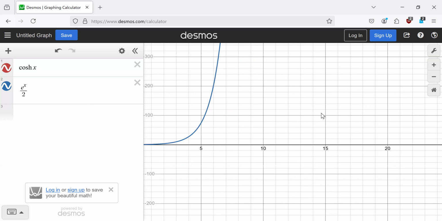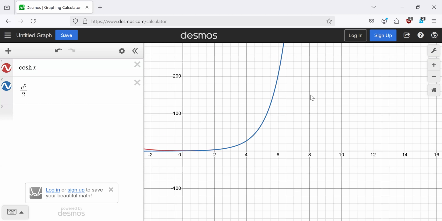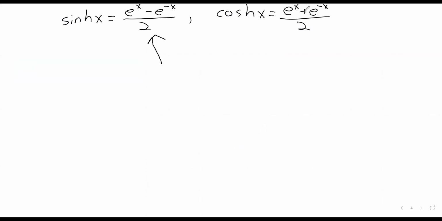Again, this very rapid growth: you see x is only at 6, but this is at about 250. This comes from the fact that the hyperbolic cosine can be defined in terms of e to the x, and e to the x grows like that.